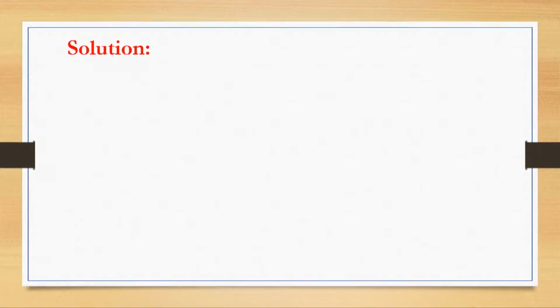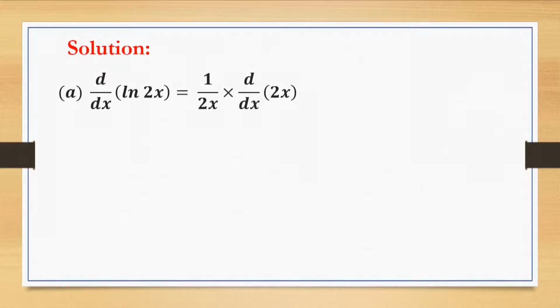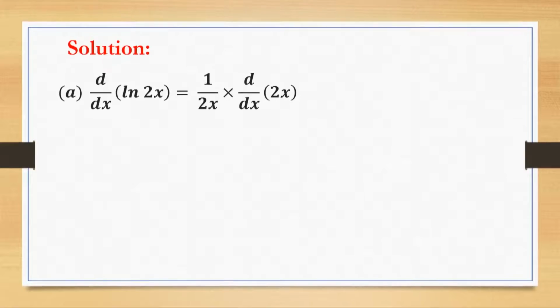Part A, differentiation of ln 2x. So it's going to be 1 over the function, 1 over 2x, times the derivative of 2x, which is 2. Simplifying this, I will obtain 1 over x. So differentiation of ln 2x is 1 over x.